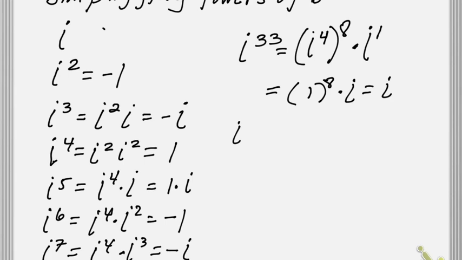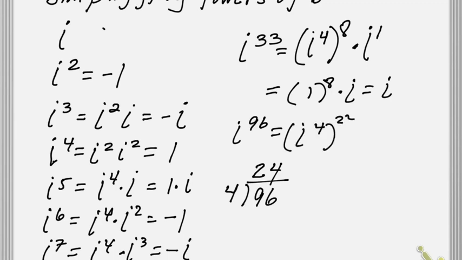Let's look at i to the, say, 96. How could I write that? All right, I'm going to do 96 divided by 4. So that is 24. No remainder. So I know that I can write i to the 96 as i to the fourth to the 24th. Do you understand that?